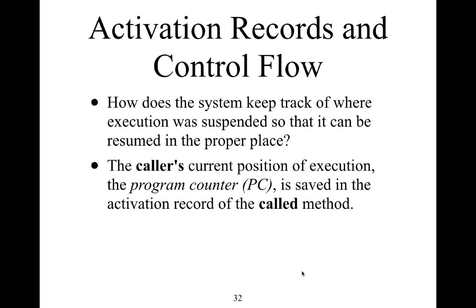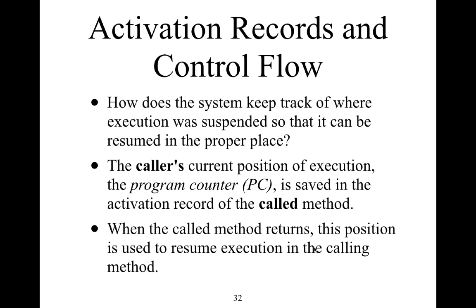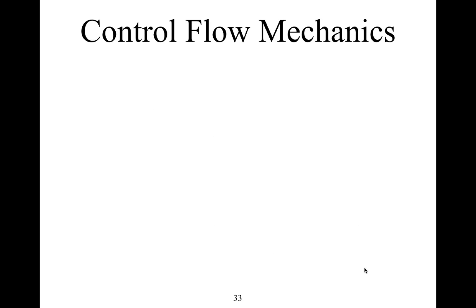The caller's current position of execution, the program counter, is saved in the activation record of the called method, so that the caller's execution position is saved in the called method. When the called method returns, this position is used to resume the execution of the calling method. And that's all taken care of without very much effort.